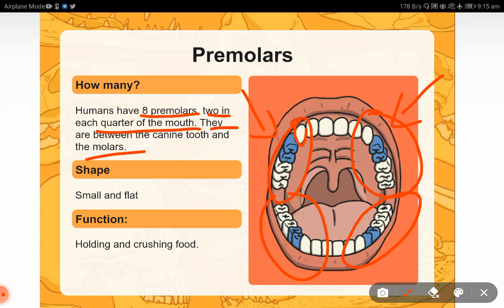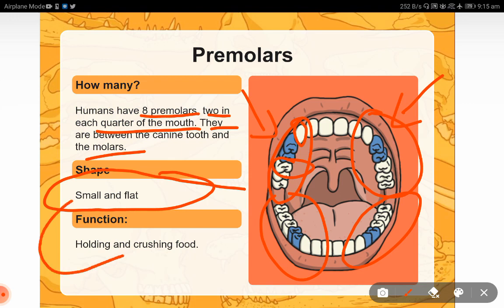Their shape is small and flat. They are relatively smaller and flatter, and based upon that, their function is holding and crushing food. If something is small and flat, it can be used for holding the food, and of course crushing, because smaller and flat means that they have more power.